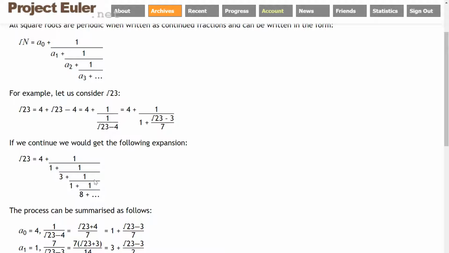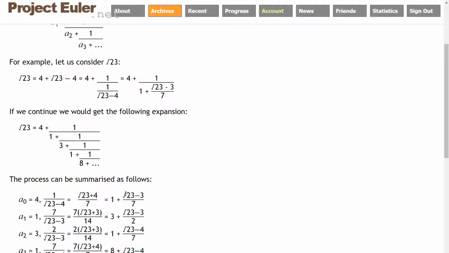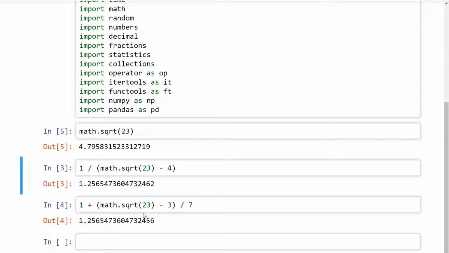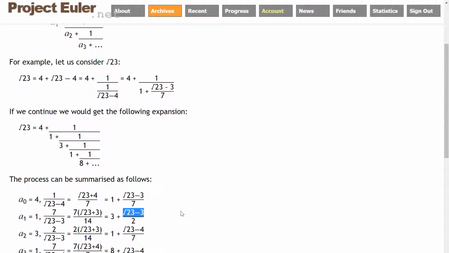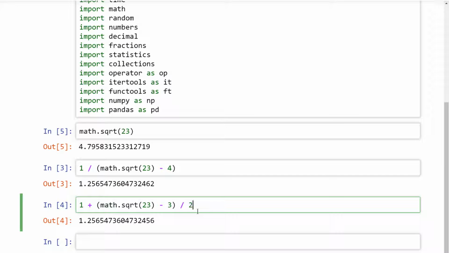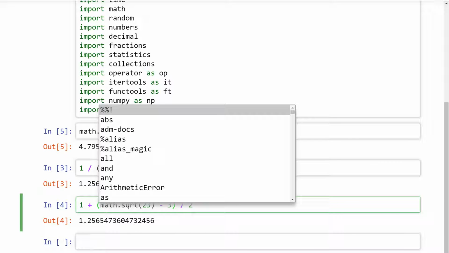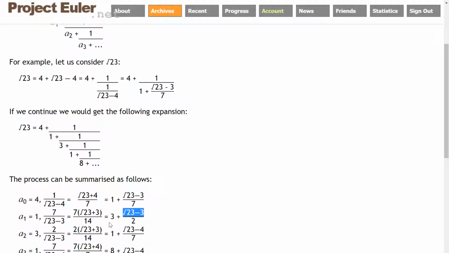And in this case, we are picking, so what do we have? Here we're pulling 1 out, and here we have 23 minus 3 over 2, and here we will presumably be picking 2 out. And 3 plus.